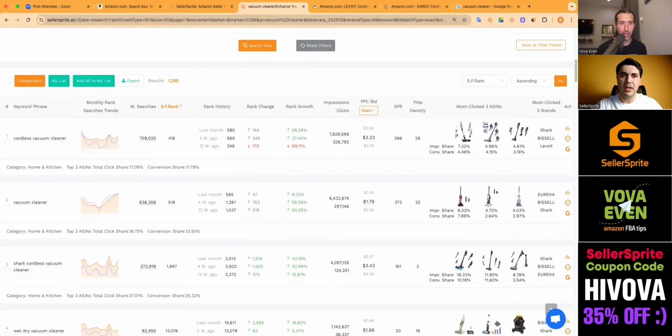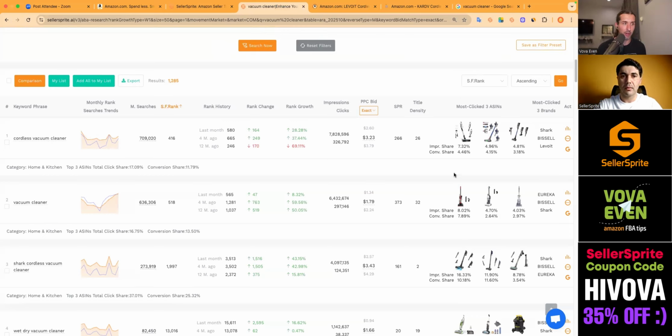Based on that, we can also understand which keywords, for example, if we're trying to use PPC, are very spread out. Let's say conversion share for the top three listings is very low. Then our ads might also not work as well. I mean, this is organic though. Yes, it's not sponsored; this is for organic listings.